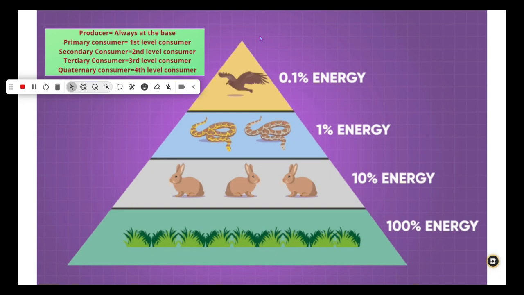And so when the hawk comes along and eats the snake, there's nothing left for that hawk, right? That snake used up as much energy as it could possibly use up. So now when the hawk eats the snake, he's only getting 0.1% of the original energy from the plant because so much of its energy was used before it even got passed along to the hawk, right?